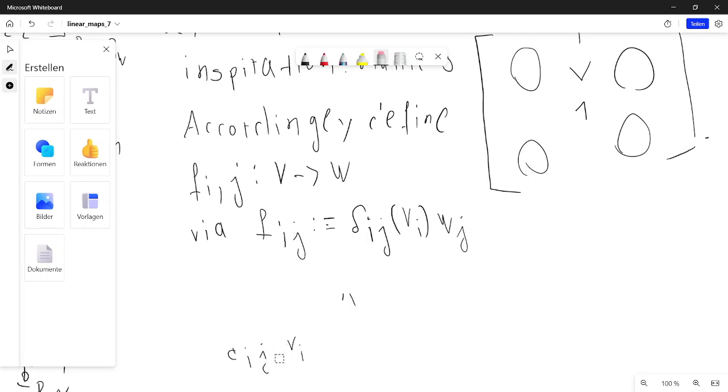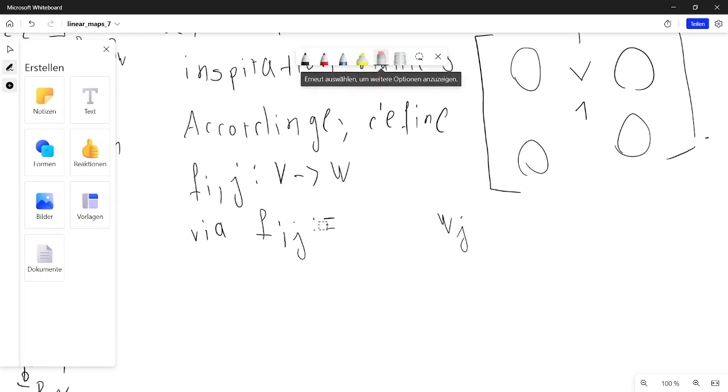What I wanted was to define Fij as a mapping. Okay, as a mapping. Of course, what else could it be?